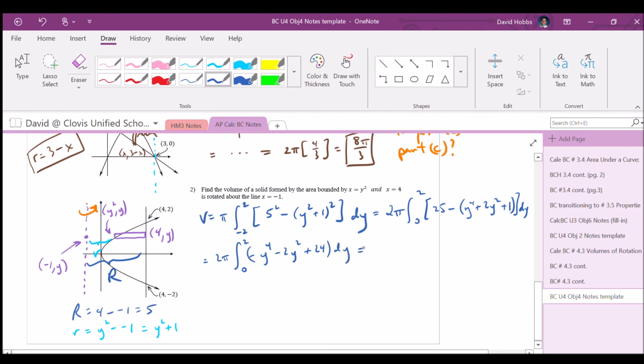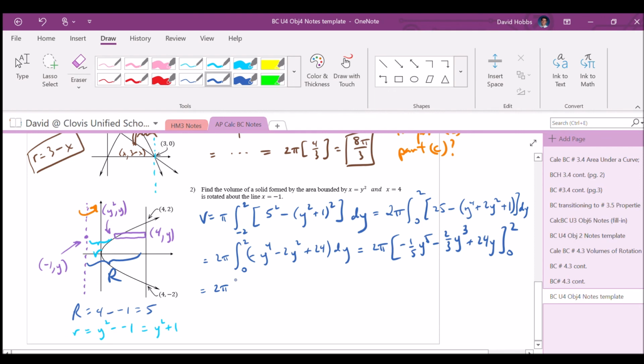And so we have 2 pi, negative 1/5 y to the 5th minus 2/3 y to the 3rd plus 24y from 0 to 2.